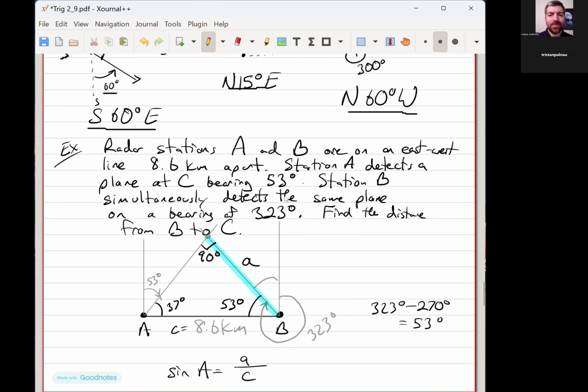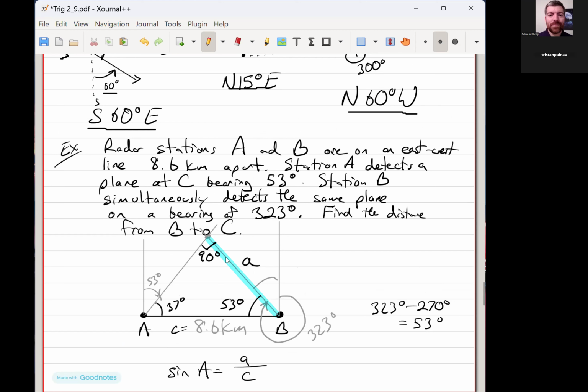We've got an example here that uses radar stations. Radar stations A and B are on an east-west line, 8.6 kilometers apart. Station A detects a plane at point C bearing 53 degrees. Station B simultaneously detects the same plane on a bearing of 323 degrees.